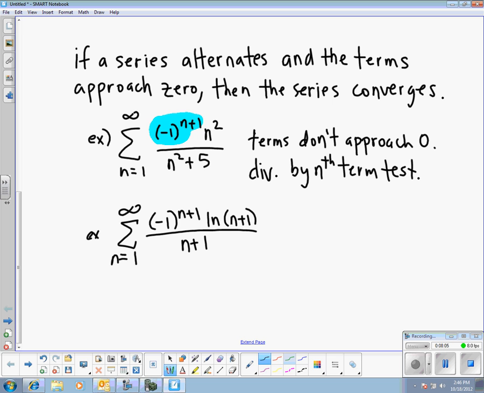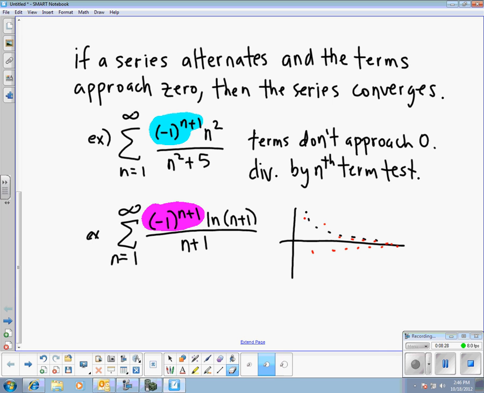Okay, so the alternating part, we know it alternates, but don't take that into account as far as whether the terms do or do not go to 0. They might do it like this, or they might do it like this. Either way, they're going to 0, whether they're alternating or not. So the alternatingness of the series doesn't have anything to do with the limit being 0 or not being 0.